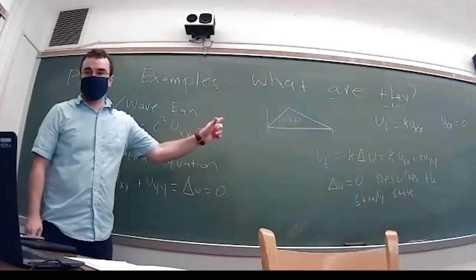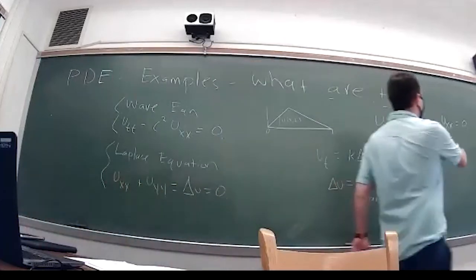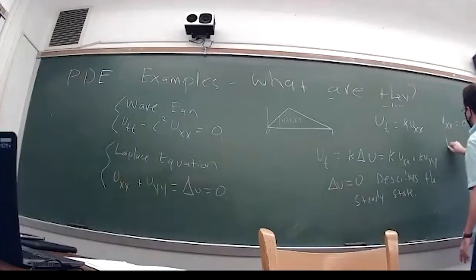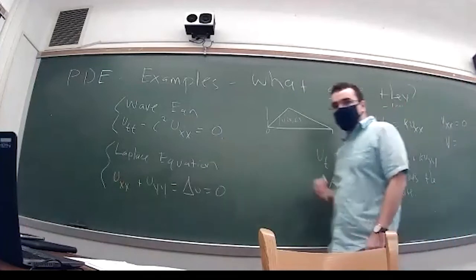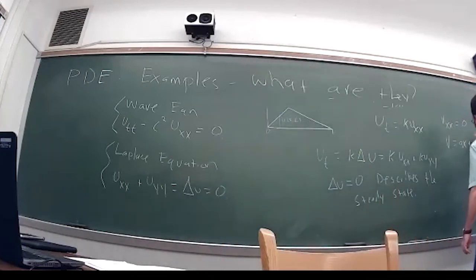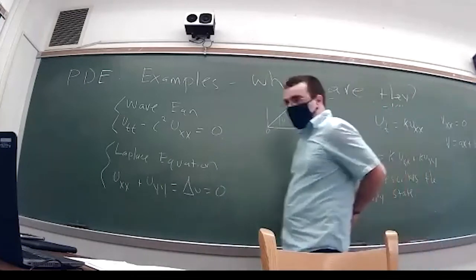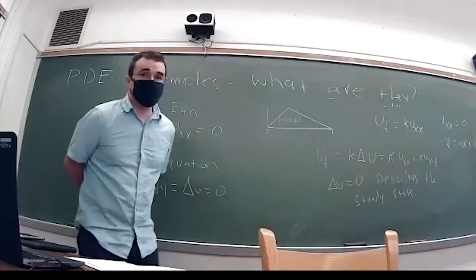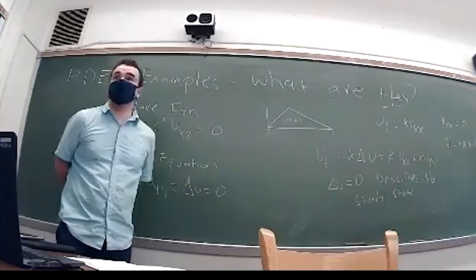and since it's steady state, you might call it G, then you know that V is going to be equal to Ax plus B, where A and B are going to be determined by your initial conditions. So in other words, yeah, it's a line.